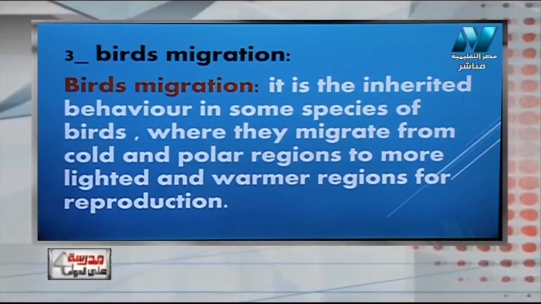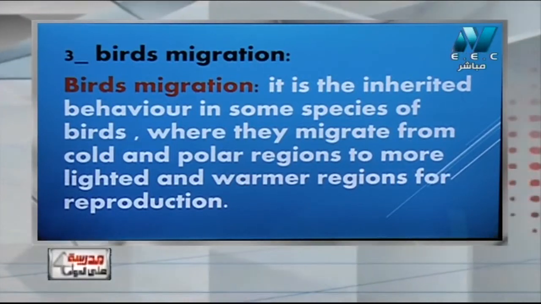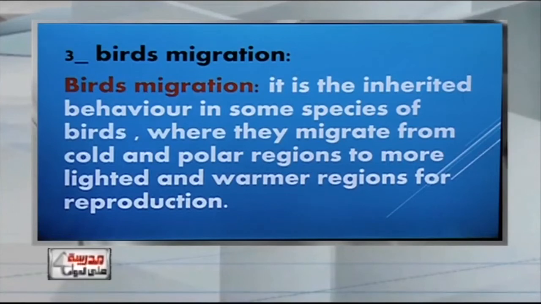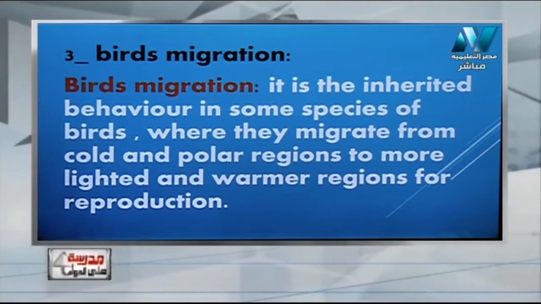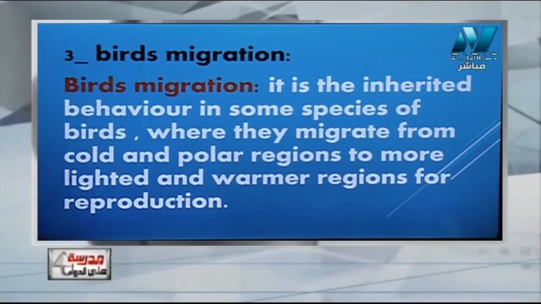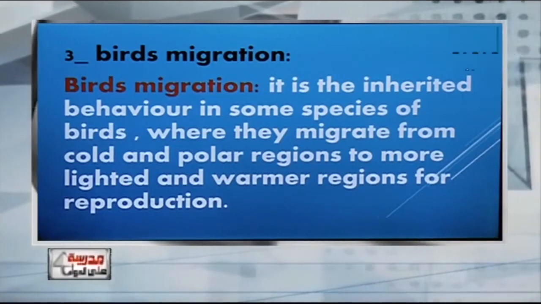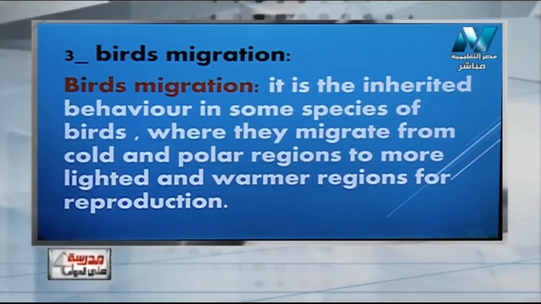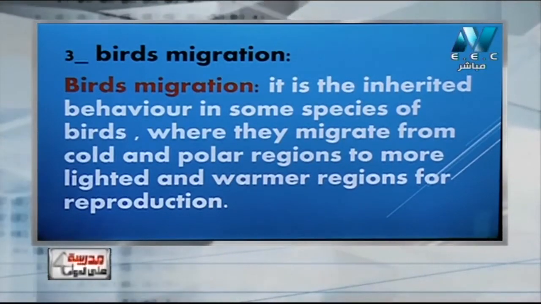Three, birds migration. So the adaptations related to environment: number one, hibernation in winter; two, estivation in summer; three, birds migration. Some birds, not all birds. Birds migration is an inherited behavior in some species of birds. What is meant by migration here?